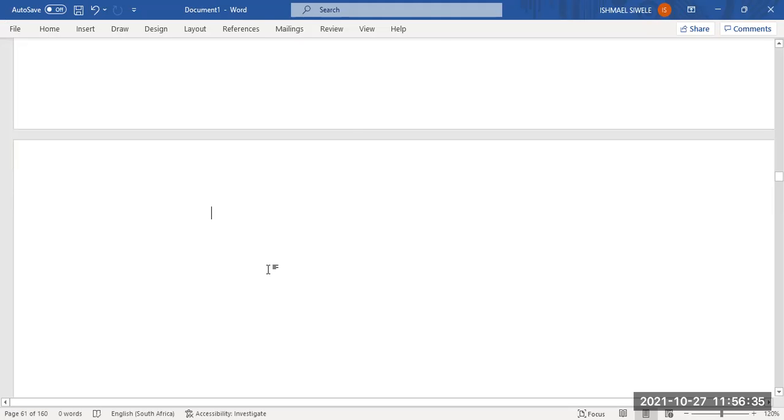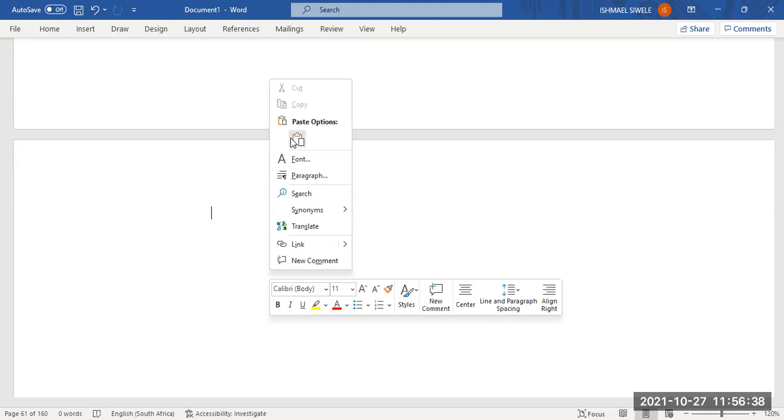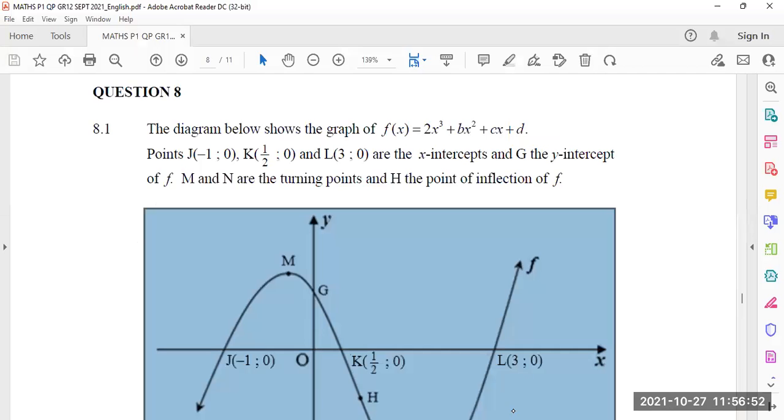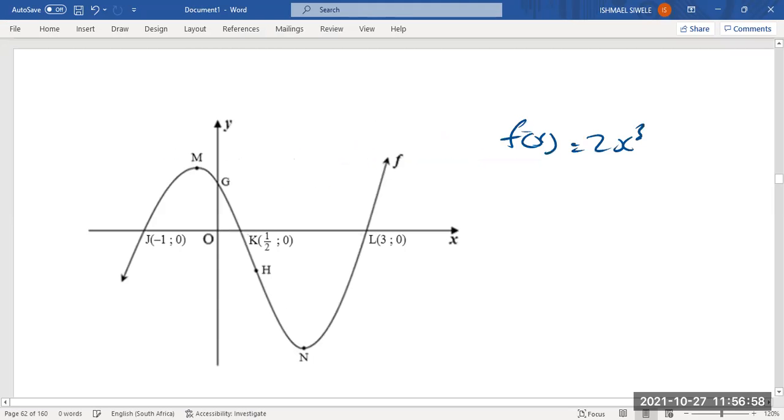As you can see, this graph represents the graph of f of x, where f of x is equal to 2x cubed plus bx squared plus cx plus d.